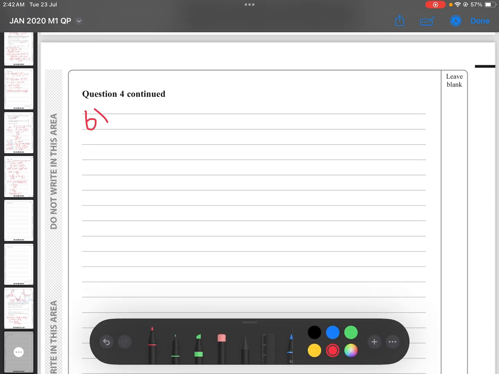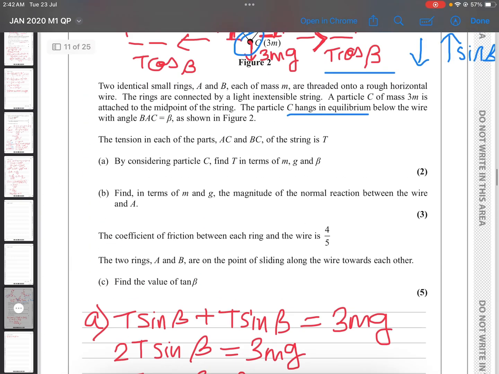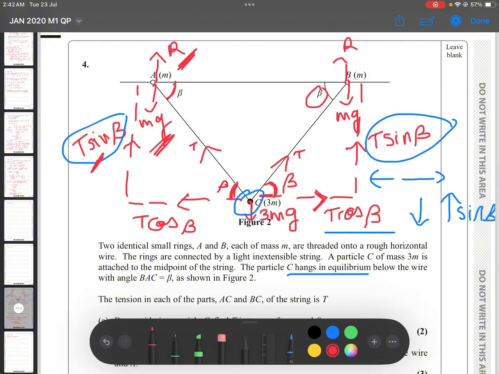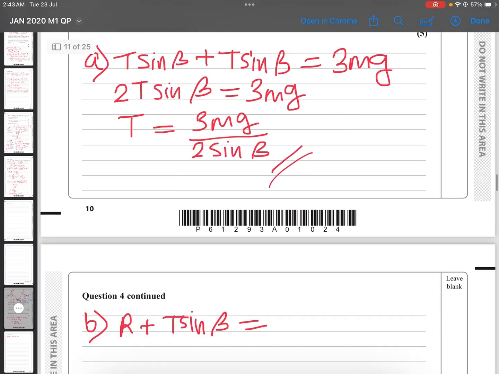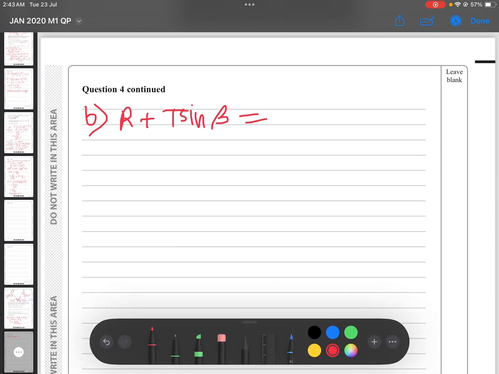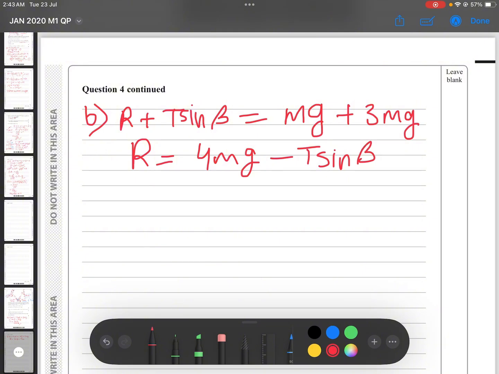The upward forces acting on A were R, the reaction force, and T sine beta, T sine beta, which will be equal to, now you can see that A is threaded with C, so the weight of C. Okay, so it's going to be mg, this is the weight of A, plus 3mg, the weight of C. So making R the subject, we get 4mg minus 2T sine beta. Alright, and then 4mg.